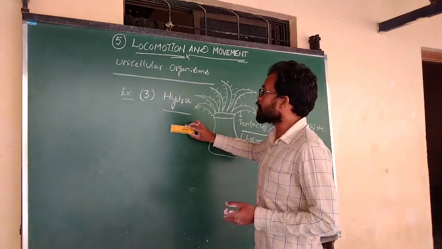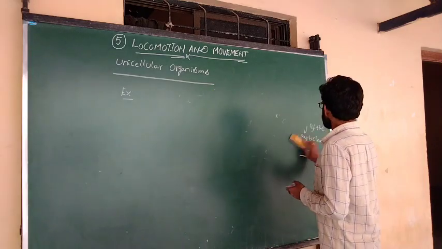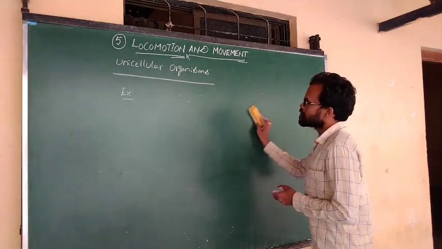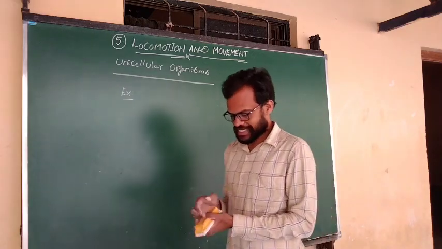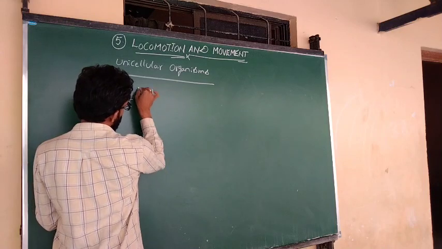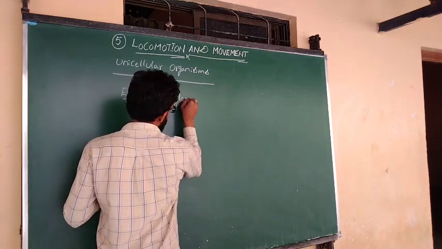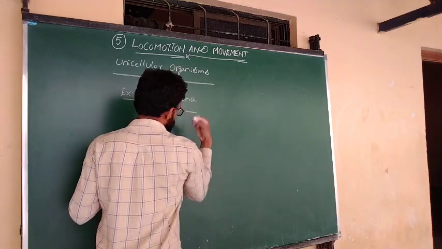If you observe the fourth important organism, it is known as Euglena.